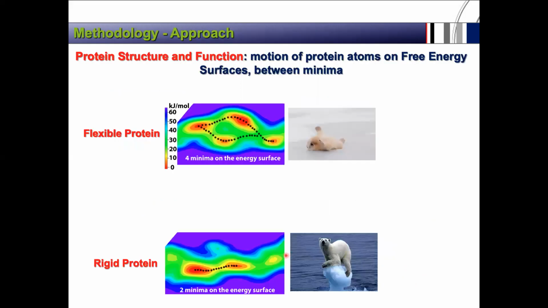So protein structure and function are related to the motion of protein atoms on free energy surfaces like these, between energy minima, the red areas here. So we have flexible proteins with many energy minima on the free energy surfaces and unrestricted atomic motions, as well as rigid proteins with fewer energy minima and restricted protein motions.